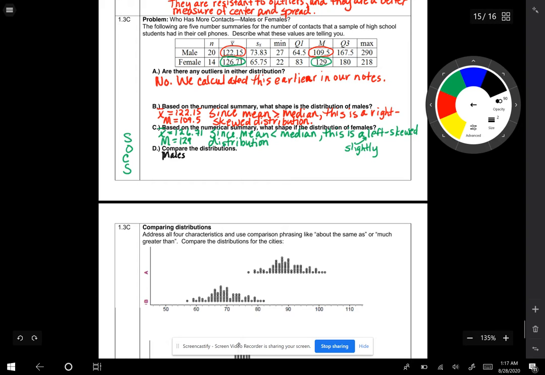Males are right skewed, while females are slightly left skewed.